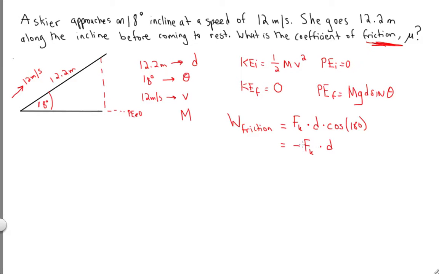Alright, now let's break down this force due to friction. They don't tell it to us, but we know it's negative the normal force times our mu, our coefficient of friction, which we're trying to solve, multiplied by the distance. Now let's figure out this normal force. So imagine the skier is on this point here on the incline. The normal force is pointed in this direction, perpendicular to the surface.